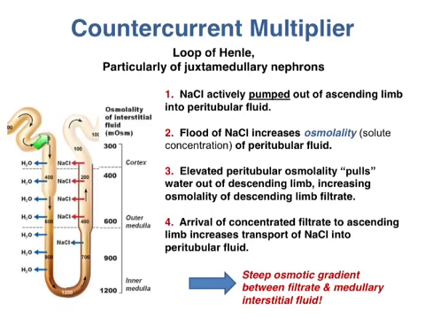As that filtrate flows down the descending limb, it gets more and more concentrated, and then as it flows back up the ascending limb, it becomes less concentrated again. So now when this filtrate empties into the collecting duct and comes through the collecting duct, it's got a very dilute concentration. It has an osmolarity of about 100 milliosmoles.